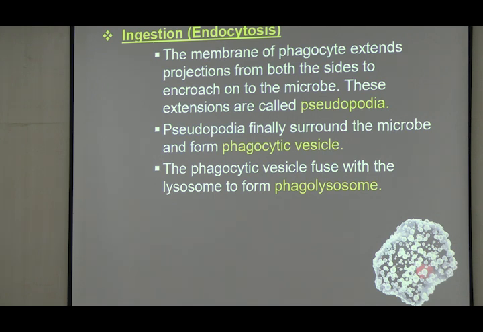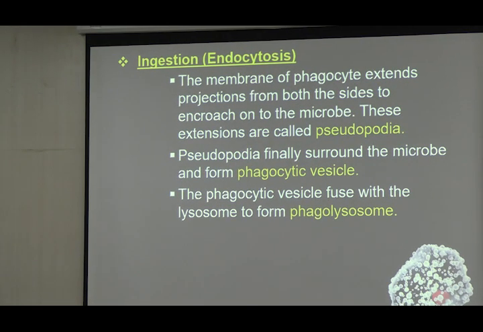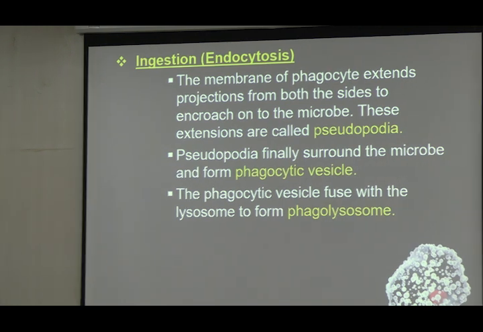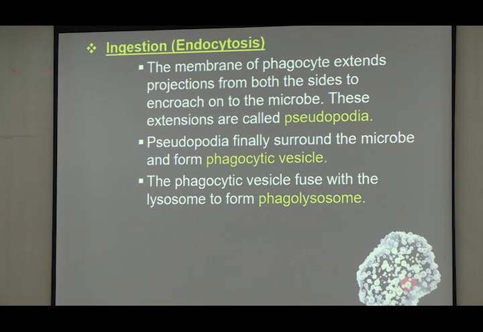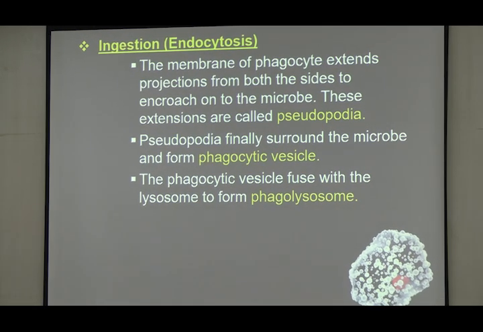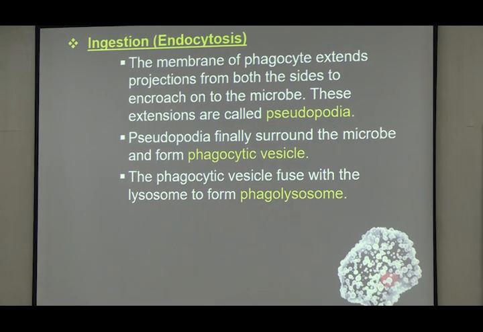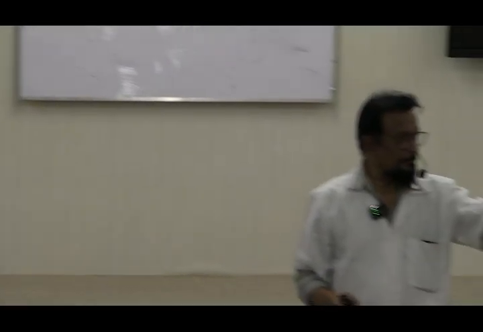Ingestion. The membrane of the phagocyte extends projections, a pseudopod-like structure is formed, and thereby it is ingested. After ingesting it into the cytoplasm, there is also lysosome, so it will attach with the lysosome. The lysosome will liberate its enzymes, now that the foreign body has entered.